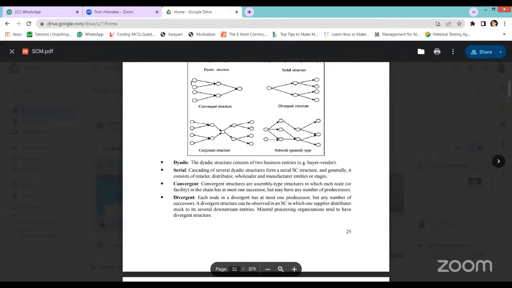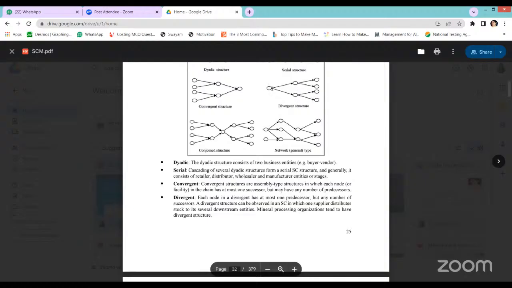So the convergent structure is where each facility has one successor and two or more predecessors. Divergent is the reverse: the divergent structure has at most one predecessor but any number of successors.